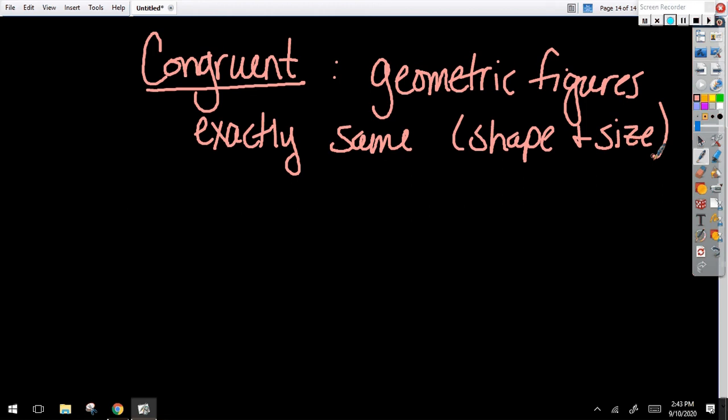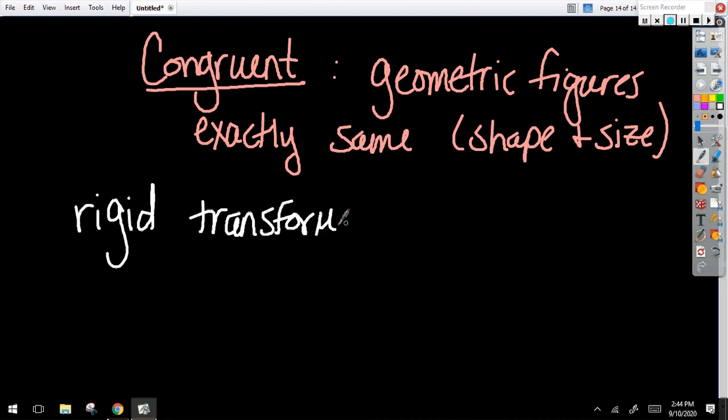Now, we have what we call rigid transformations, okay? And what that means, it sounds worse really than what it is. A rigid transformation means that you can move a geometric figure, okay, and move its position, but even by moving it, it can still be congruent.